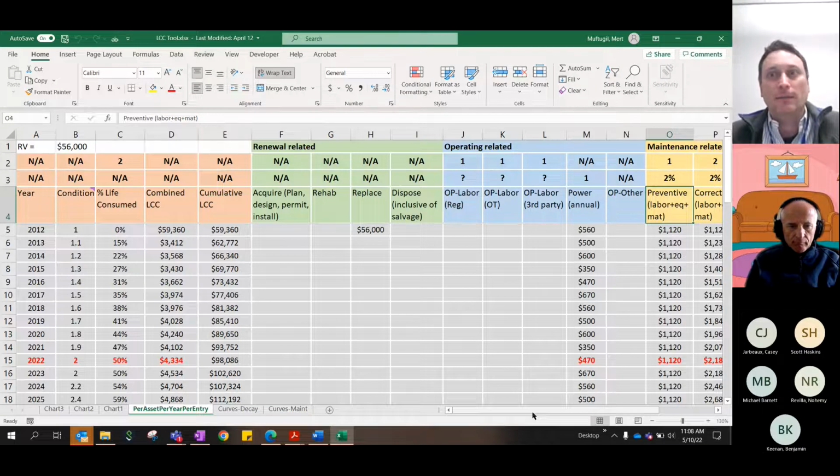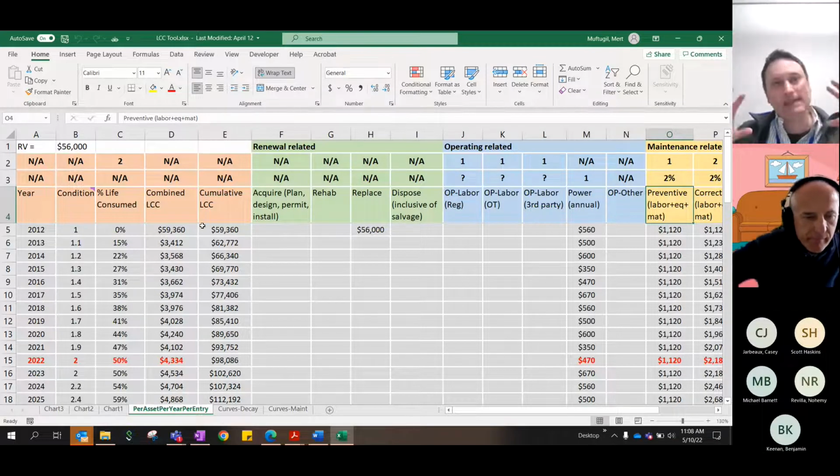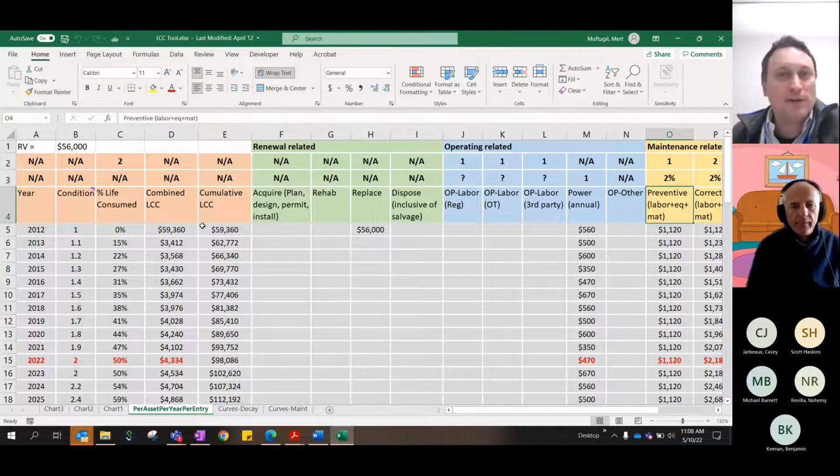That's really the strength of this. Just because we come out with a 2% here to apply across the board doesn't mean it's right for you. Down the line, everybody will need to come up with their numbers. So keeping that in mind, what you're seeing now is where the data is stored, and then we have some charts to go with this.